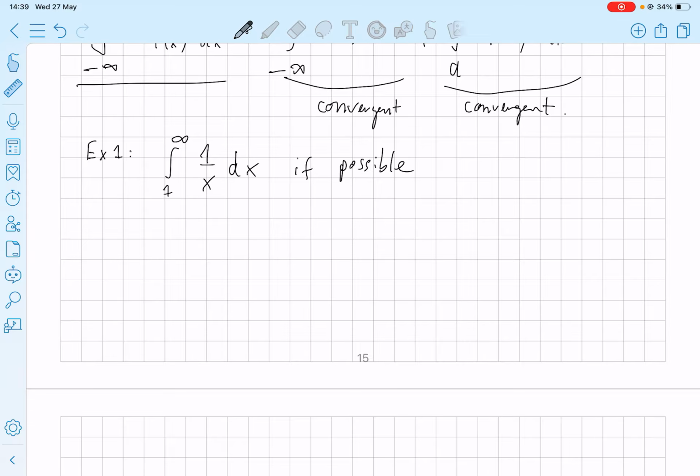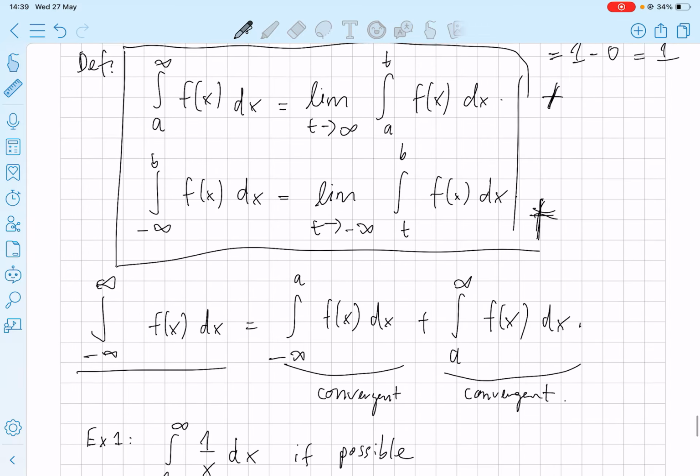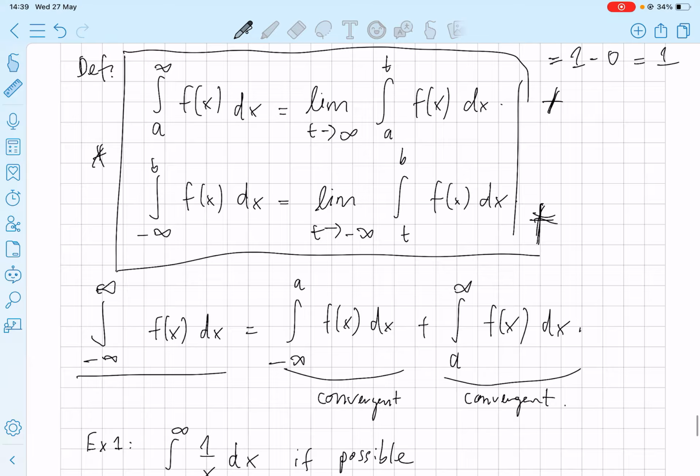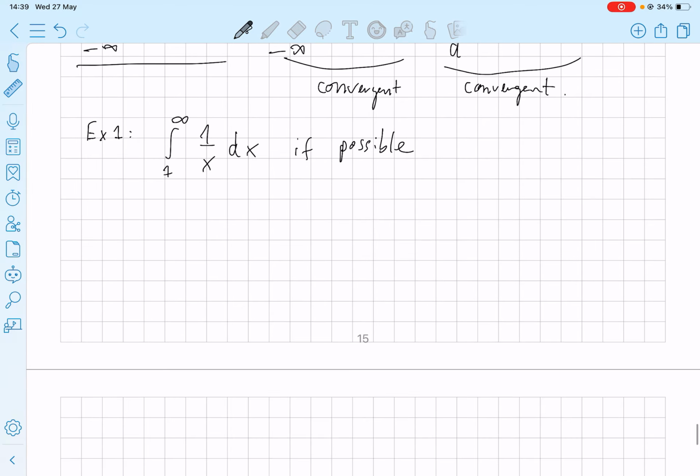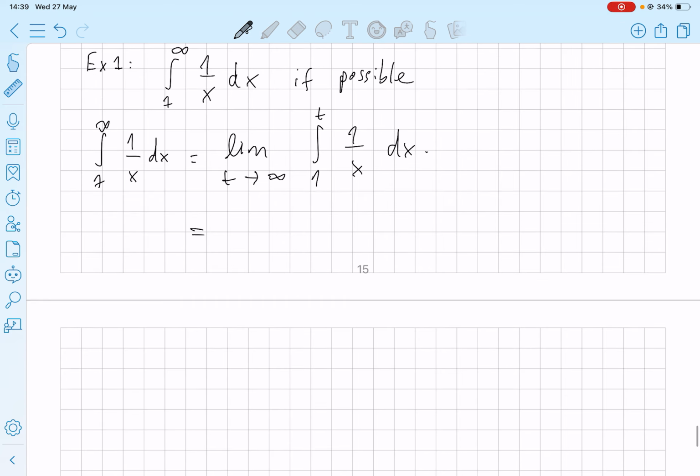Now we apply the formula to this problem, because we have infinity in the interval. The integral of 1 over x dx becomes the limit as t approaches infinity of the integral from 1 to t of 1 over x dx.